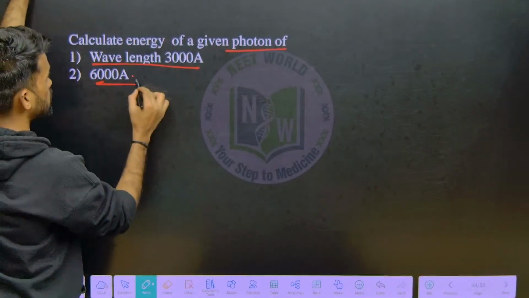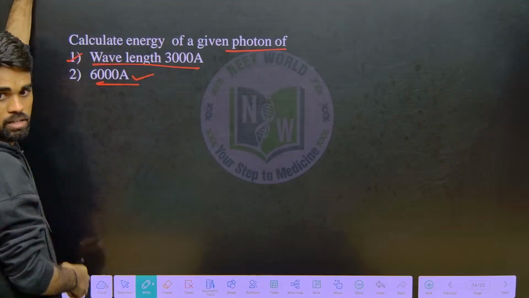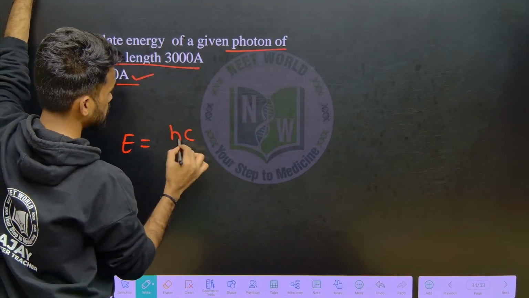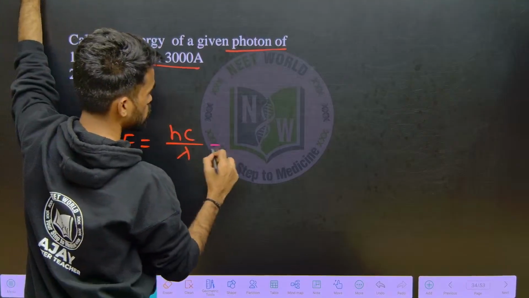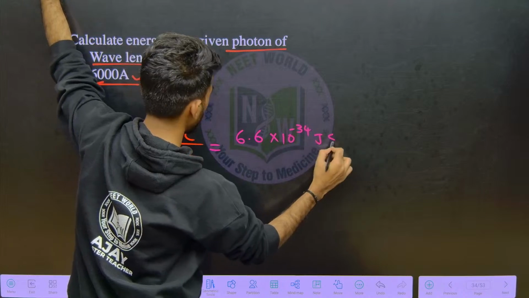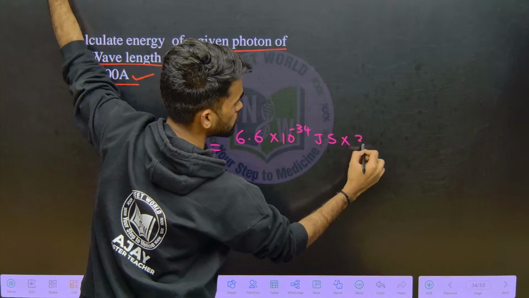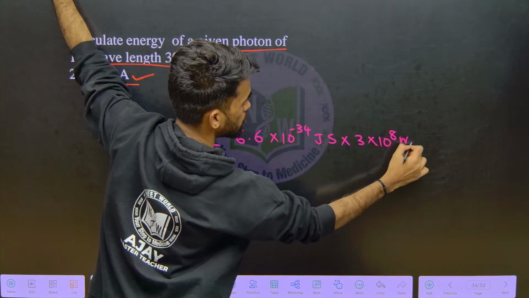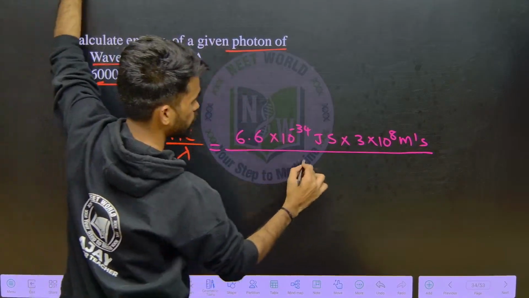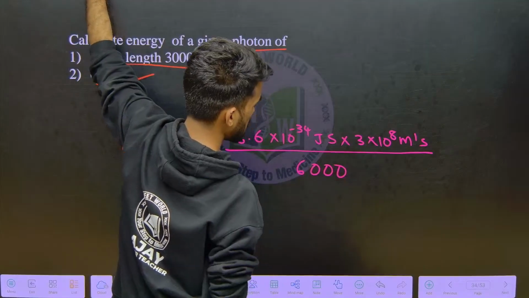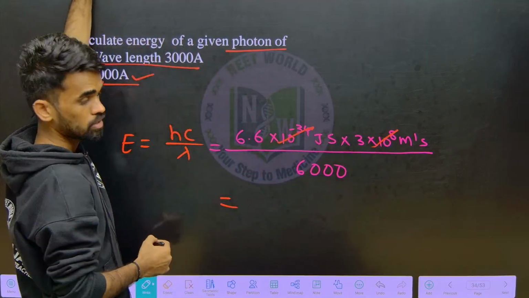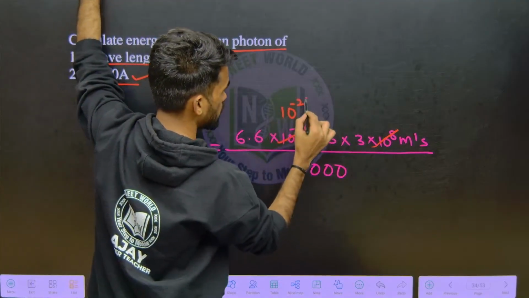I will do for 6000, you can do for the first one. So E equals h c by lambda I can use. So 6.6 into 10 power minus 34 joule second into c value meter per second by lambda. I am doing the second one, you can do the first one. So how much will you get? This will be 10 power minus 24.